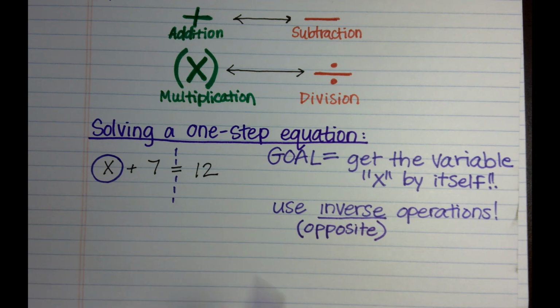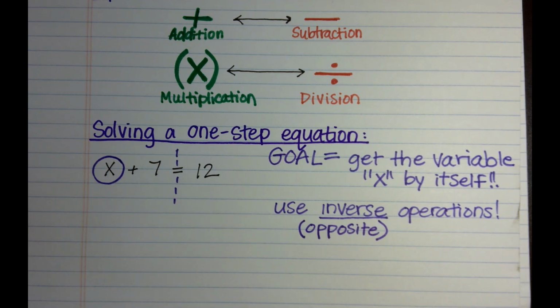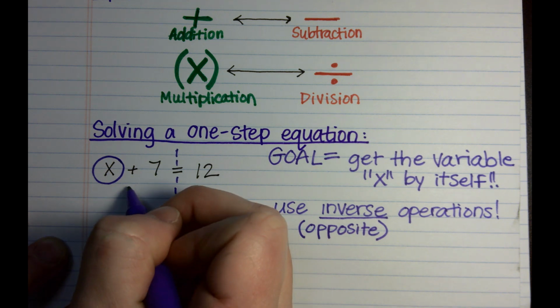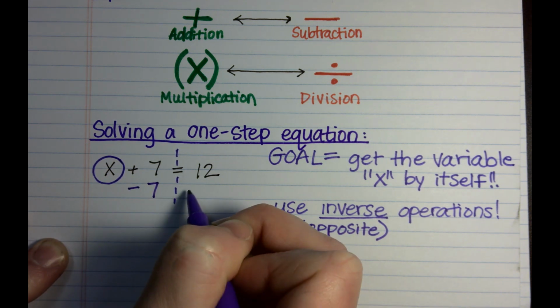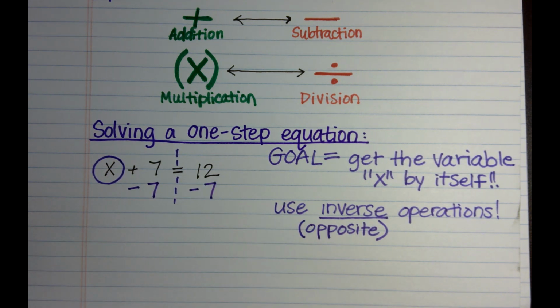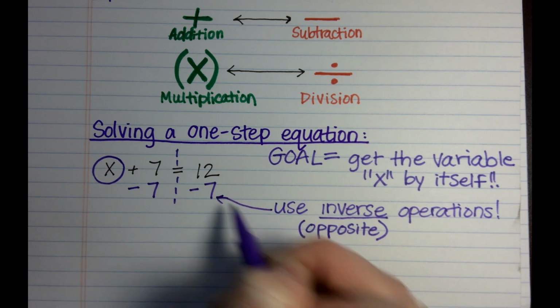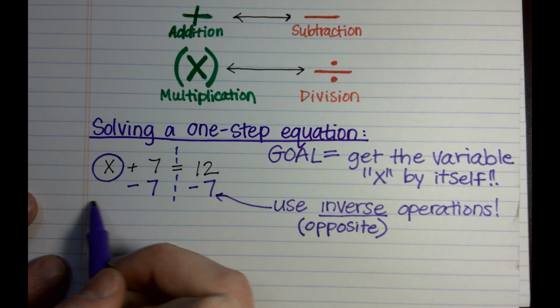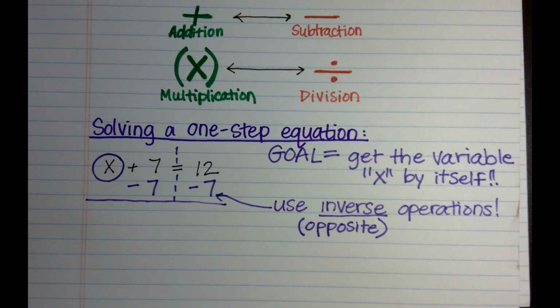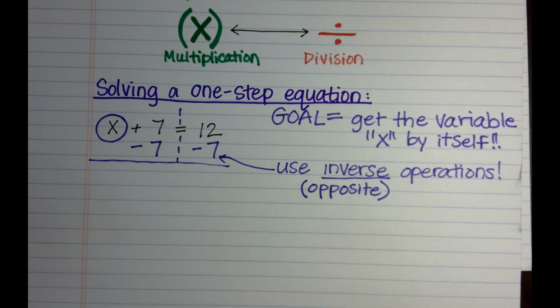Inverse just means opposite. So in this case, we have plus 7. The inverse operation of plus 7 would be minus 7. Minus 7 on both sides. So we have subtracted 7 from both sides. What happens next?